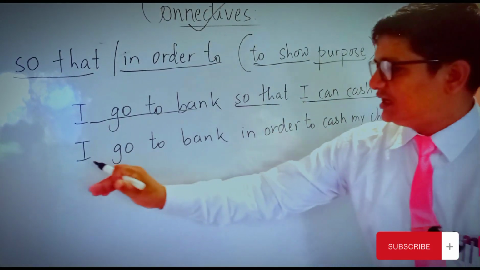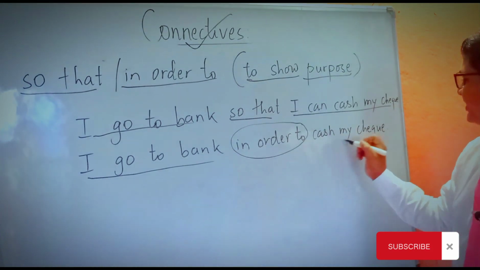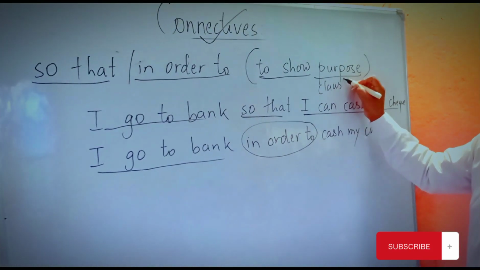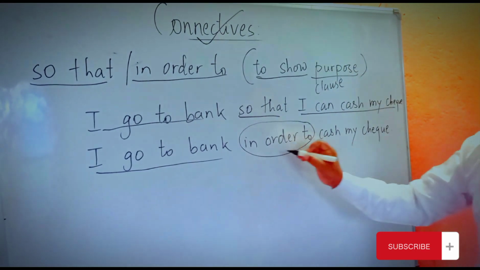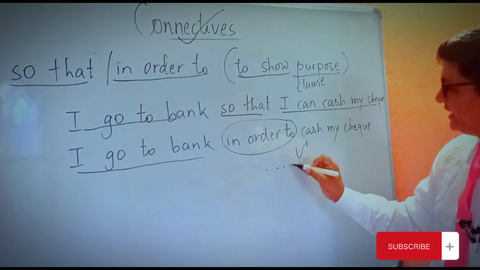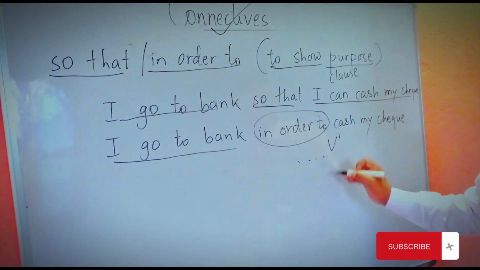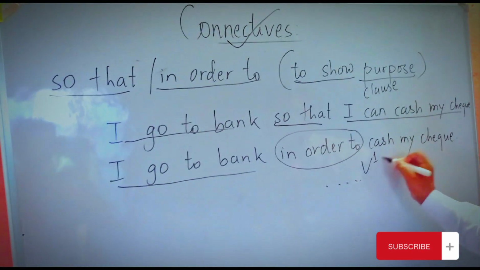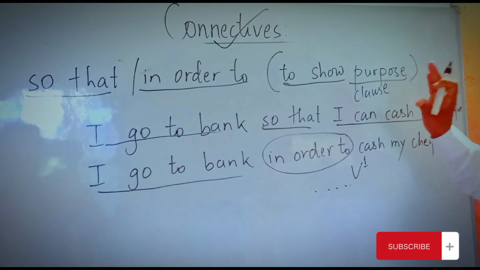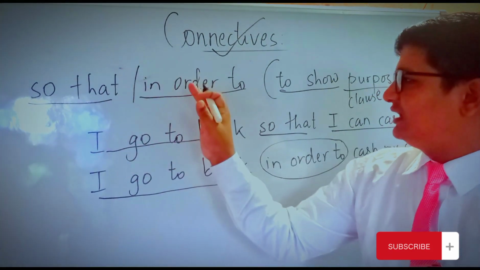Here: I go to the bank in order to cash my check. Here is a full clause, so "so that" plus a full clause, and "in order to" plus a verb. Whenever there is a verb after the gap, you use "in order to". "In order to" immediately needs a verb, and "so that" needs a clause.